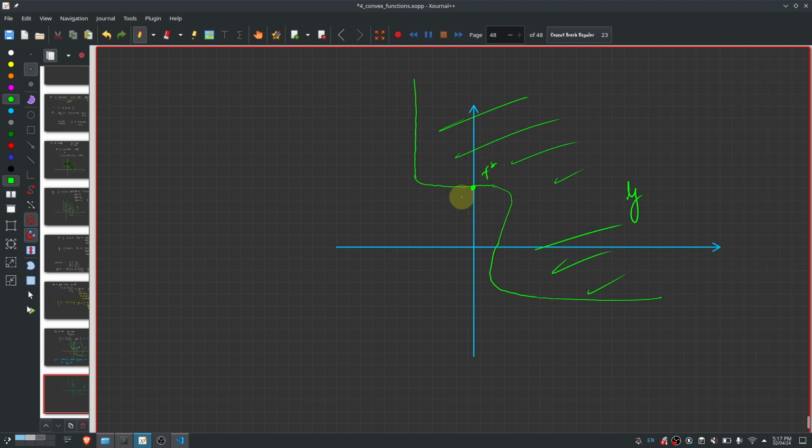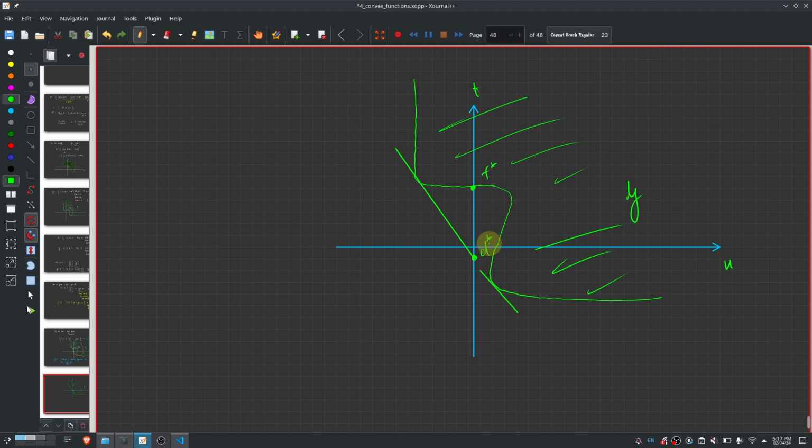Is it possible for some supporting hyperplane to intersect the t-axis at f star? What do you think? It's not possible, right? In fact, the best case you can possibly have would be something like this. So you'd get an intercept, maybe this would be your d star.